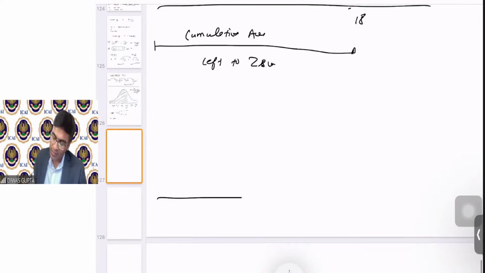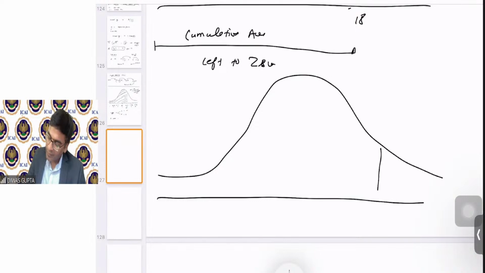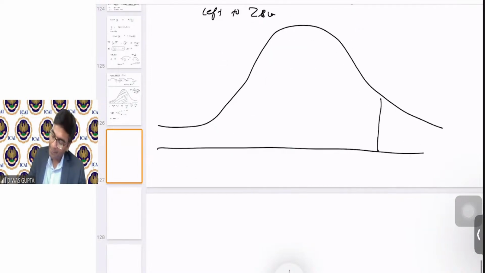Sometimes the question says that it is a one tail number. One tail number means, if the observation is 18, one tail means from here.